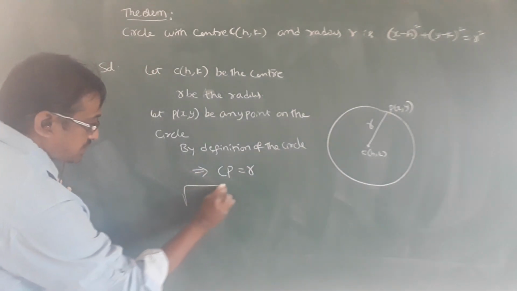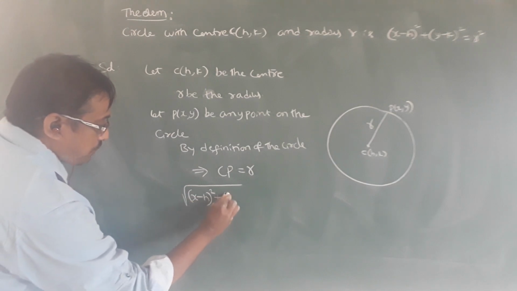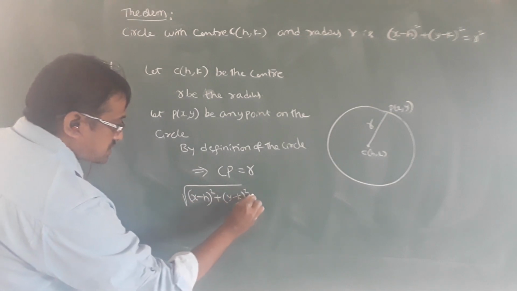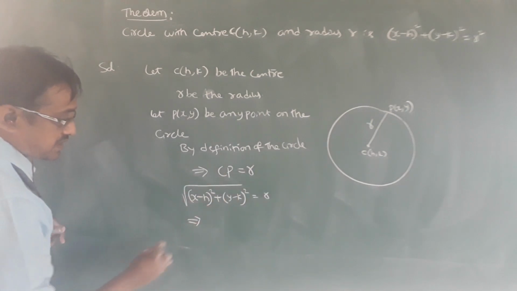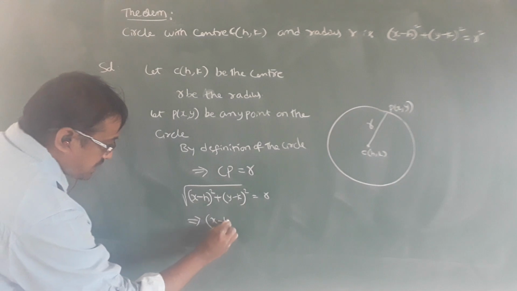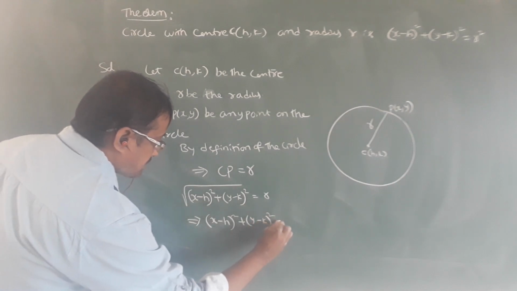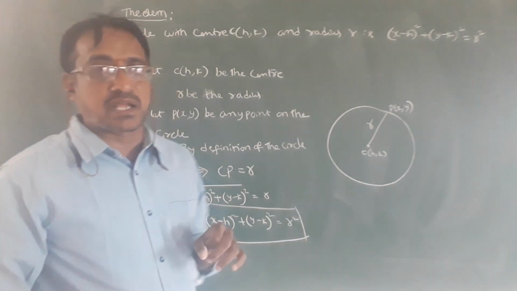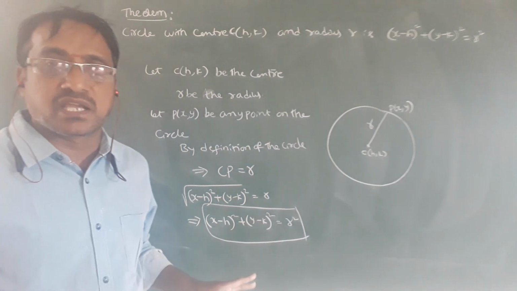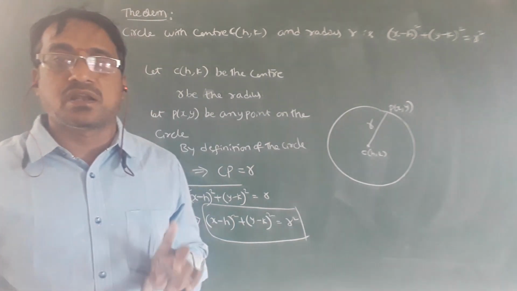So that will be root over (x minus h) whole square plus (y minus k) whole square is equal to r. Now if you take squaring on both sides, it will be (x minus h) whole square plus (y minus k) whole square is equal to r square, which is our required circle. So it is the circle with the center (h, k) and radius small r.